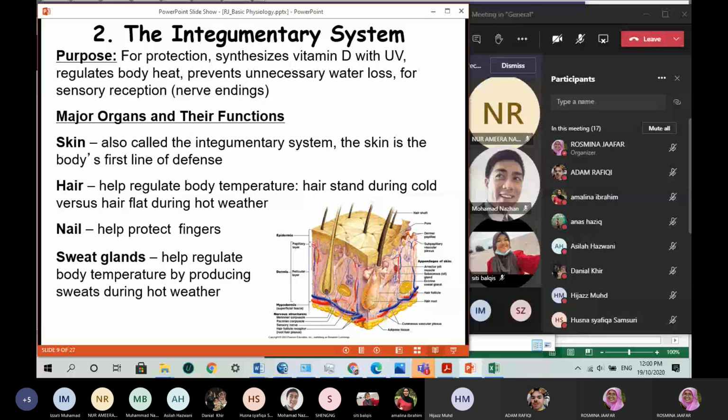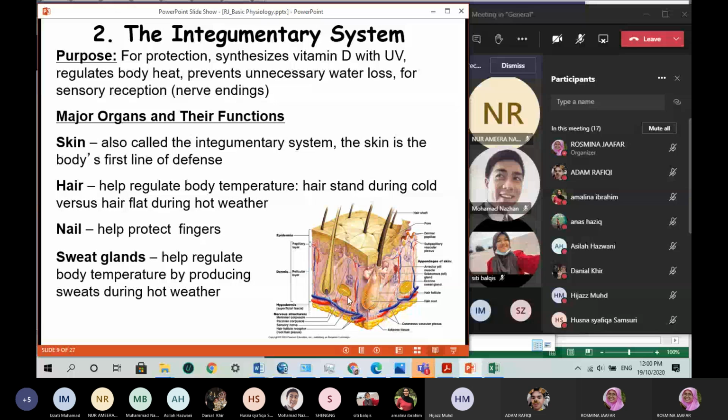But during hot weather, the hair becomes flat on the skin, so that you minimize the layer of air above the skin. And at the same time, the blood circulation will divert to underneath the skin, so that excessive heat can be released to the environment, so that you avoid an increase of body temperature.